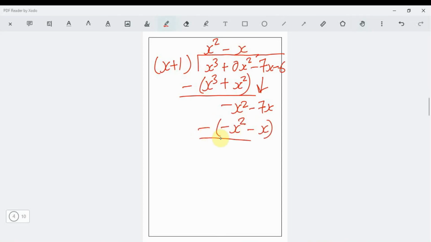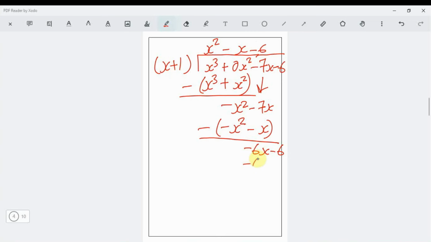And we subtract. Subtracting, what we're going to get is minus 7x minus minus x. Minus and minus become plus, so we have minus 7 plus 1, which is minus 6x minus 6. X into minus 6x is minus 6.